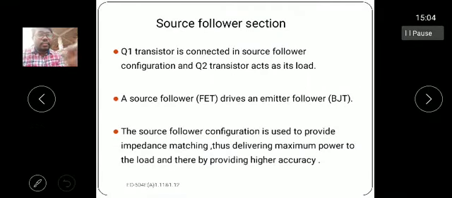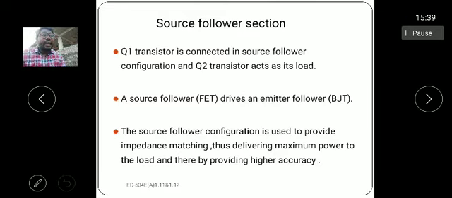Transistor Q1 is connected in source follower configuration and Q2 acts as its load. A source follower drives an emitter follower, that is the BJT, the bipolar junction transistor.